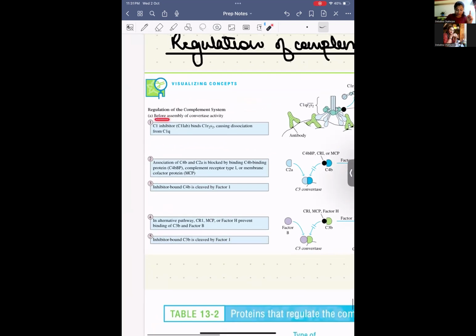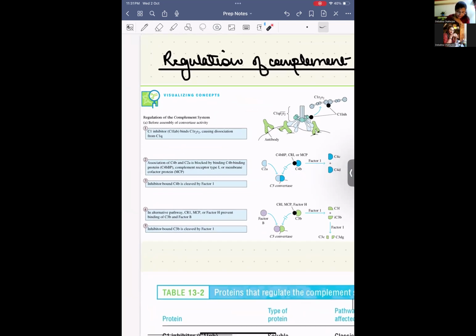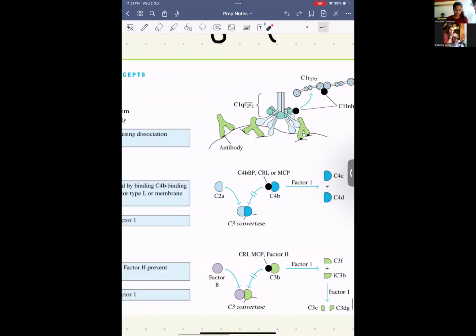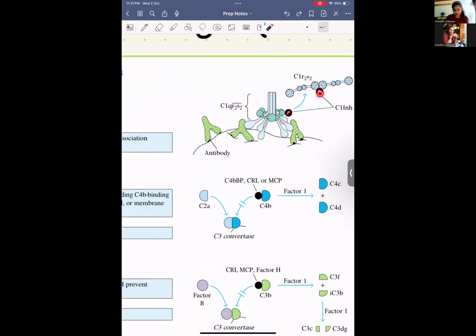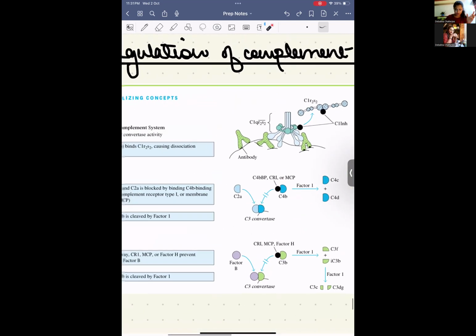First is before the assembly of convertase activity. So before the C3 convertase is formed, there can be certain molecules preventing the assembly of this convertase, such as C1 inhibitor molecules, or C1INH, that binds to the C1r2s2 and causes it to dissociate from the C1q. Any black thing that you see here represents a regulatory molecule.